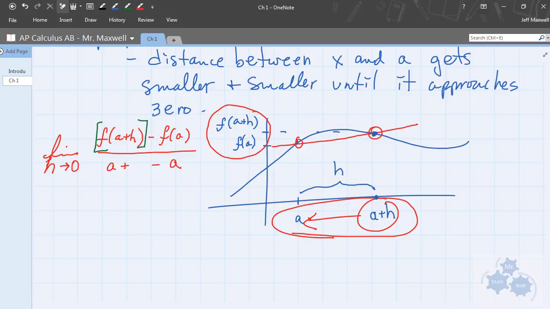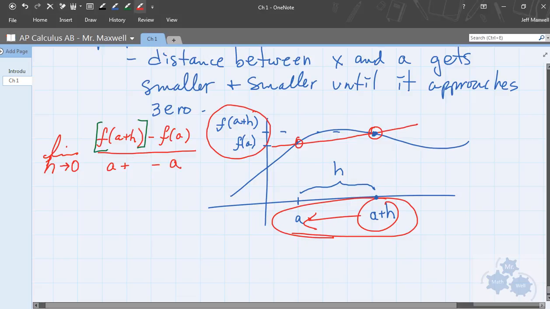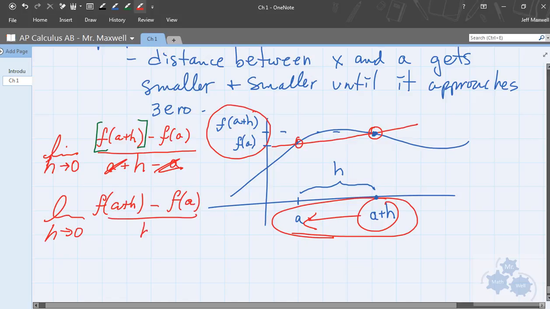Yes, very good. Because A minus A, those are gone, right? So the second formula actually looks just like this. It's f of A plus h minus f of A, all divided by h.